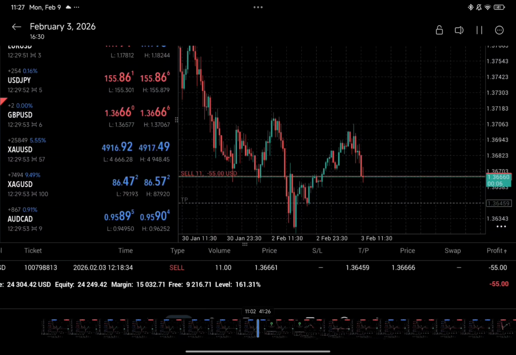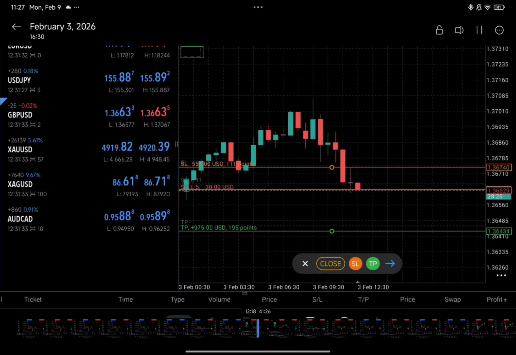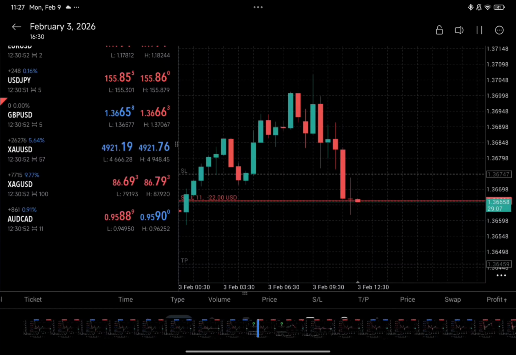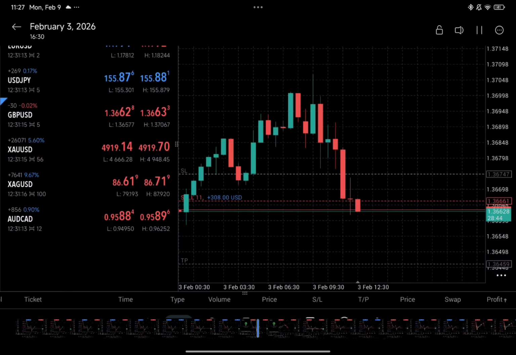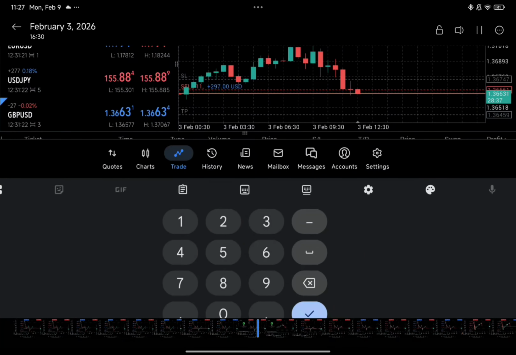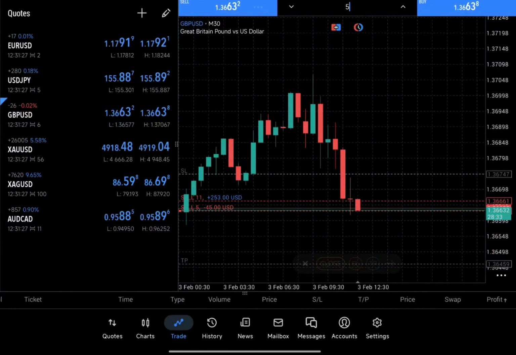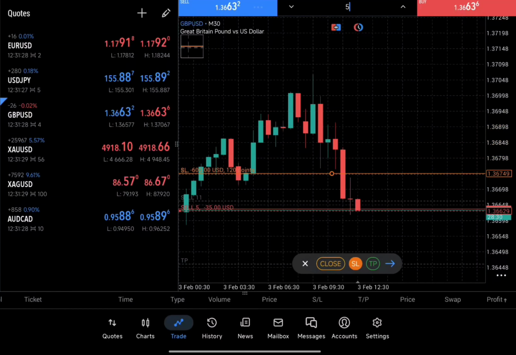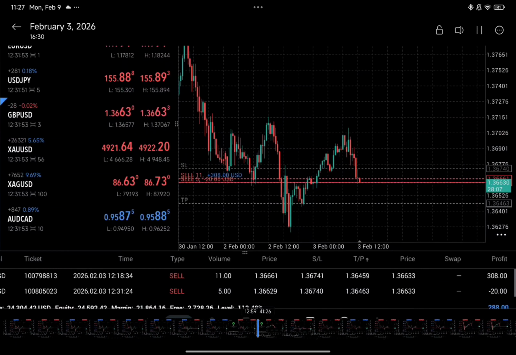So I started off with 11 lots, but as the price moved in my favor, I added 5 more lots into my position, in the same sell side direction, and I set my stop loss and take profit.